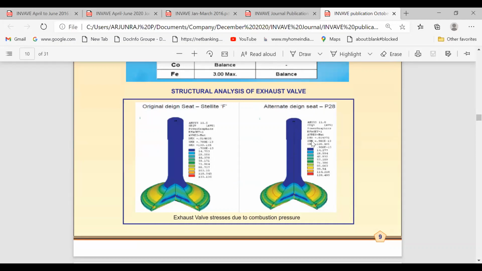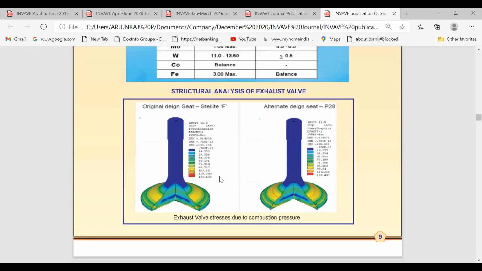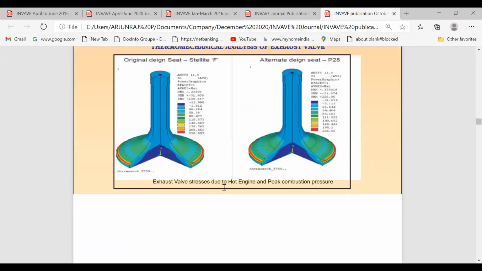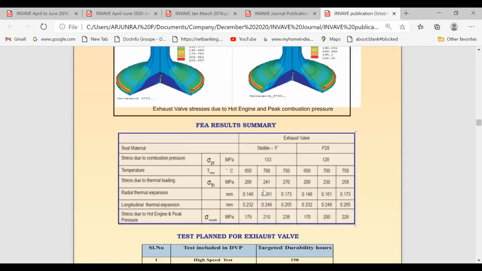The same boundary condition. We have done the analysis for the iron hard facing also. And the thermomechanical analysis also carried out. And this is the comparison between the stellite existing hard facing coating and iron hard facing alloy coating.